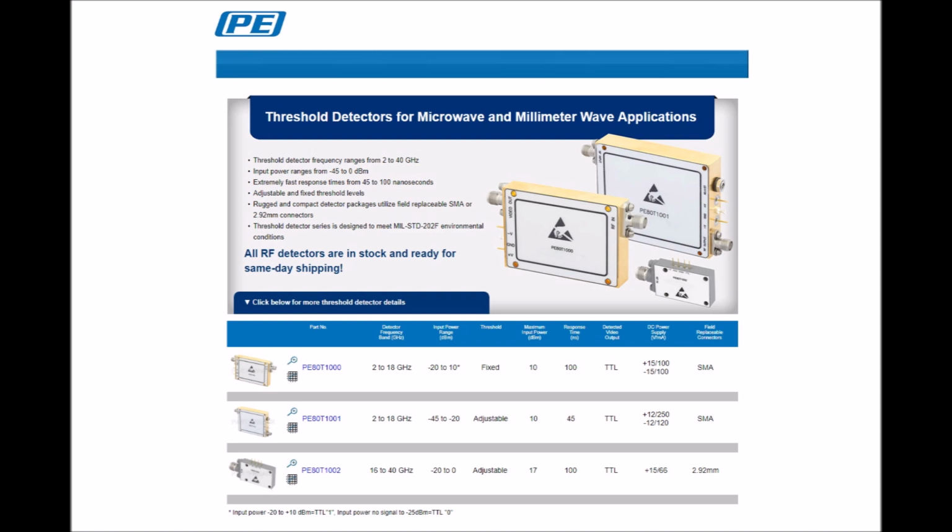I don't know. Extremely fast response times from 45 to 100 nanoseconds. Adjustable and fixed threshold levels. Rugged and compact detector packages utilize field replaceable SMA and the small mount type of electronics. Threshold detector series is designed to meet MIL-STD-202F environmental conditions. All RF detectors are in stock and ready for same-day shipping.